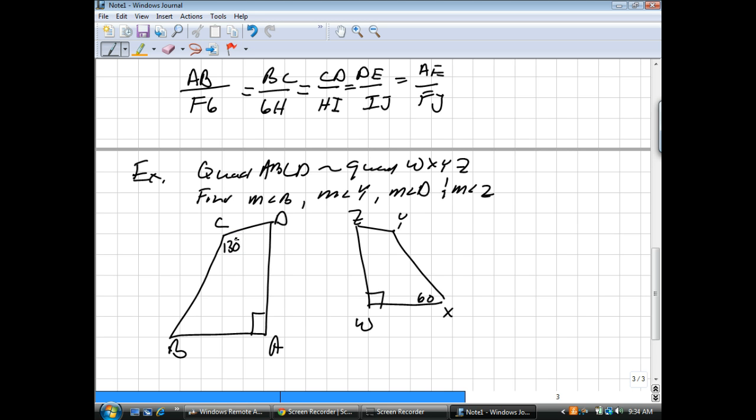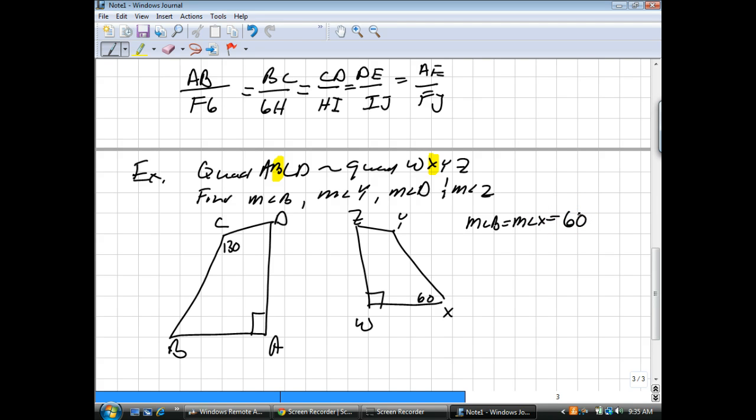Okay, well, because angle X corresponds to angle B, then we know that measure of angle B equals measure of angle X. So that has to equal 60 degrees. Okay?